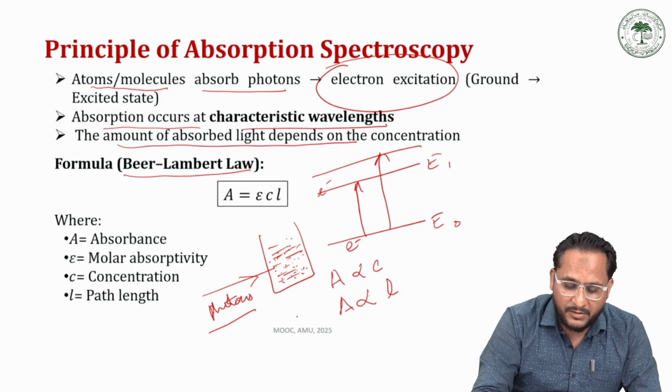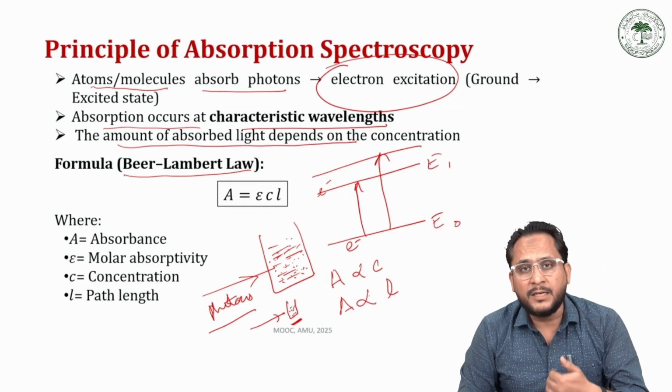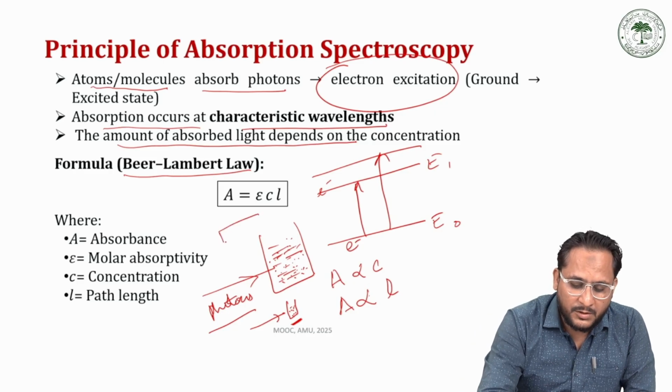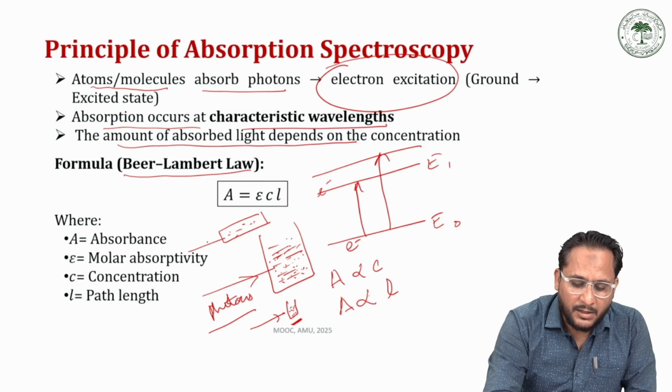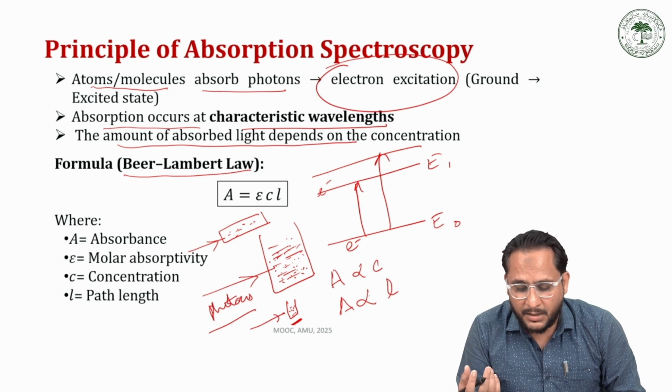For example, if we have a sample tube which is very thin, the path length is very small, there will be fewer molecules present to interact with the light, resulting in a low level of absorption. But if we have a sample tube which is wide enough, there will be more molecules present in front of the light path, there will be more interaction, and ultimately the absorption of light would be high.